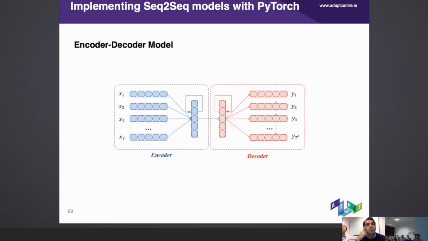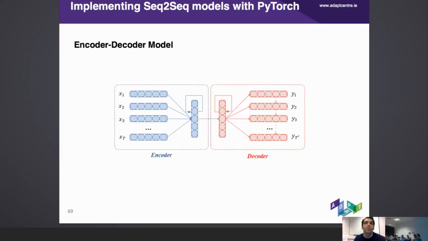So we know that the encoder-decoder model is just a simple connection of two RNNs. The first RNN is responsible for encoding the source sentence, and the second RNN is responsible for decoding, getting the source sentence representation and sampling one word at each time step. So they work together and they are trained jointly.